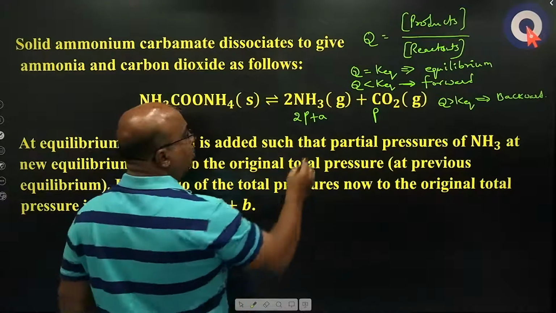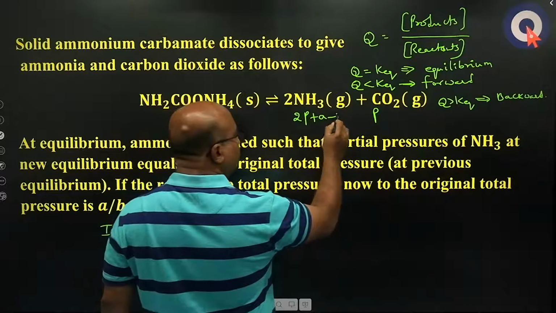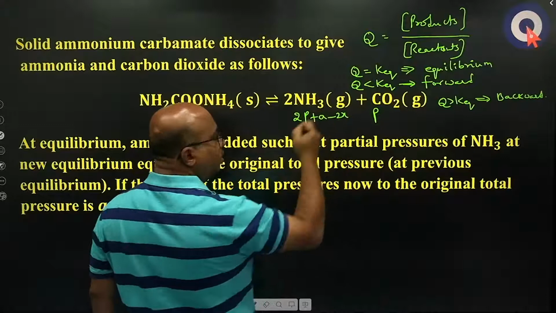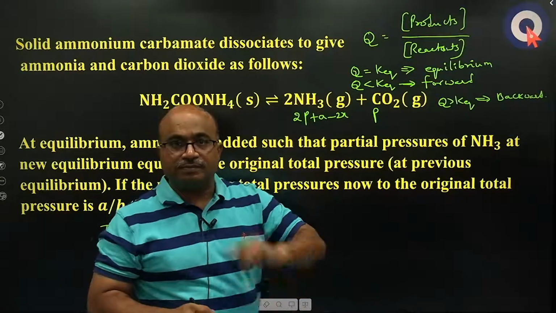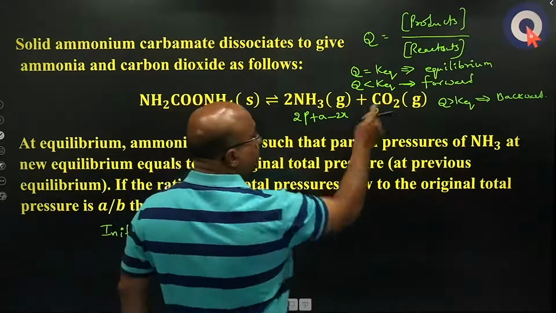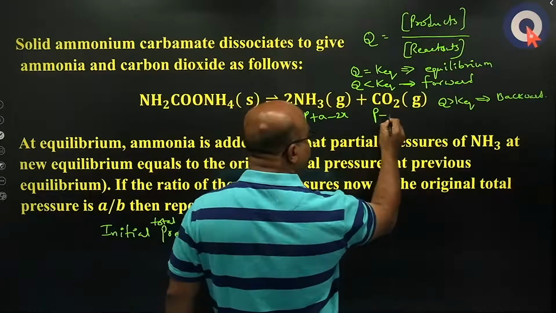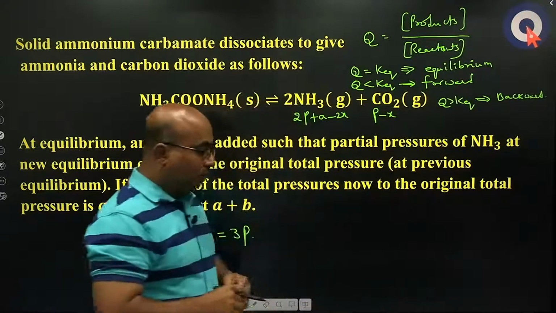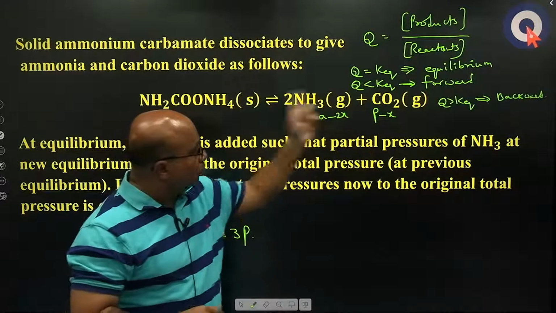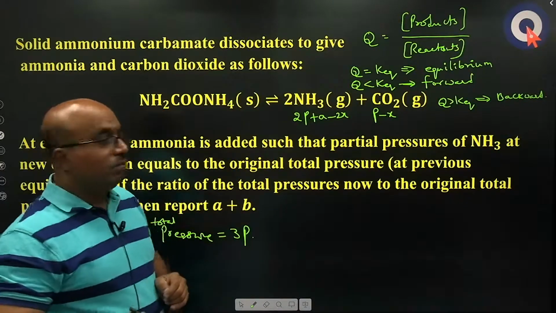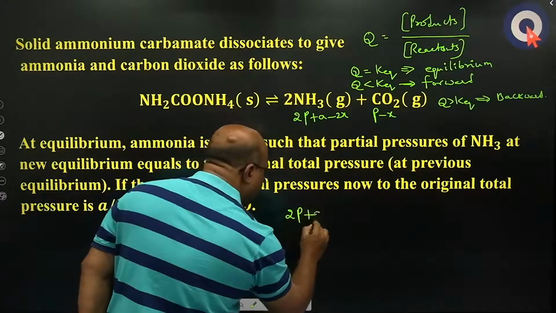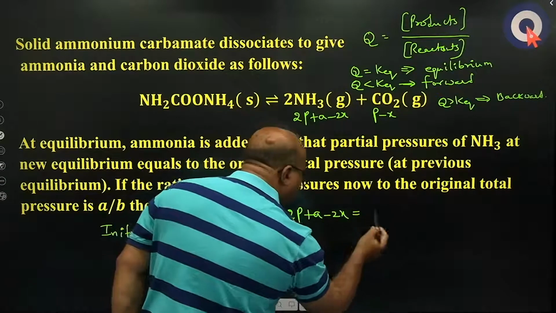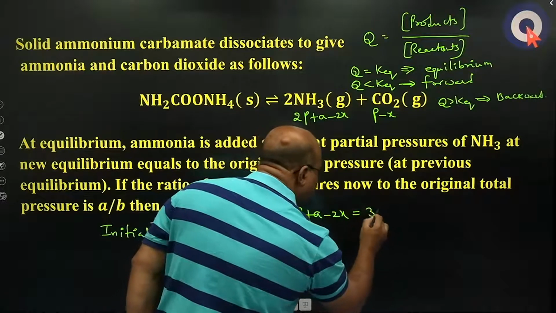How much of this has to react? 2x has to react, let us say, according to the stoichiometry. So the pressure of ammonia decreases by 2x. Simultaneously the pressure of this has to decrease by x. They react in 1:2. But what is given? This 2b plus a minus 2x value is equal to 3p.